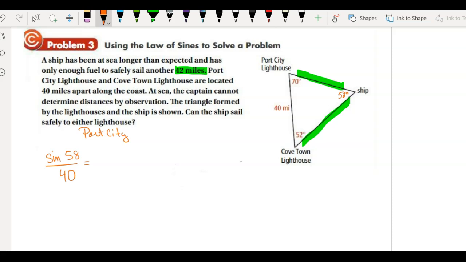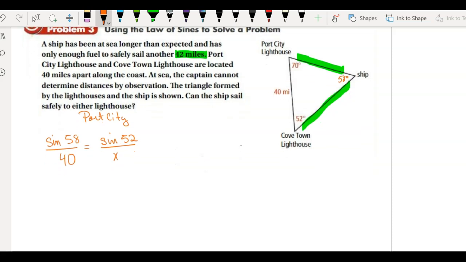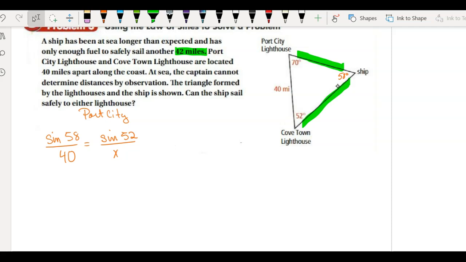So to find Port City, I'm going to use this angle with this side. So the sine of 52 divided by, and we don't have a value, so we're just going to call it x. Now I'm going to cross multiply. So I get x times the sine of 58 is equal to 40 times the sine of 52.